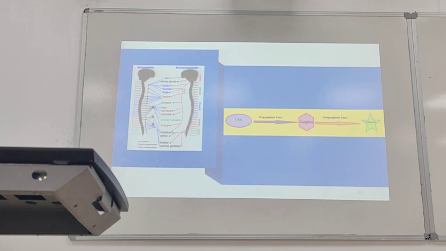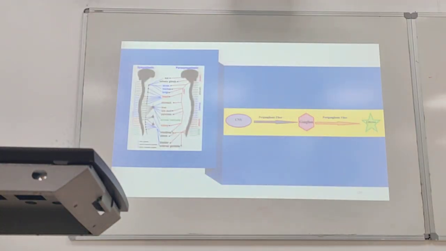What is the preganglionic fiber? Can you define it? From the central nervous system to the ganglion. Can you define the postganglionic fiber? From the ganglion to the effector. Can you name the 3 effectors? Glands, smooth muscle, cardiac muscle.